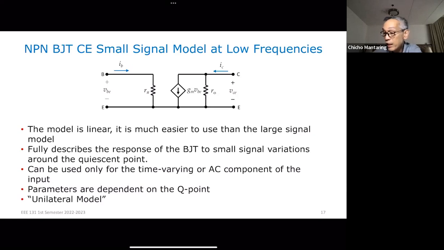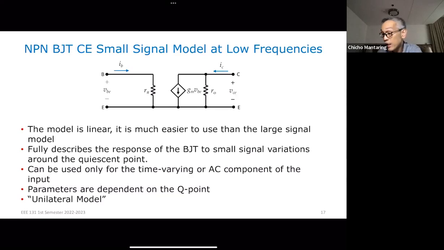For example, there's a capacitance associated with your base emitter junction, and there's also a capacitance associated with your base collector junction. And at high frequencies, those capacitors tend to be short circuits, so they will affect the performance of your circuit. At low frequencies, those capacitors are open circuit, and therefore they can be neglected.